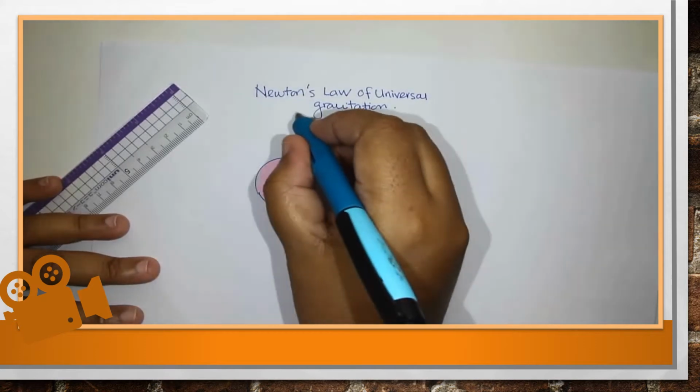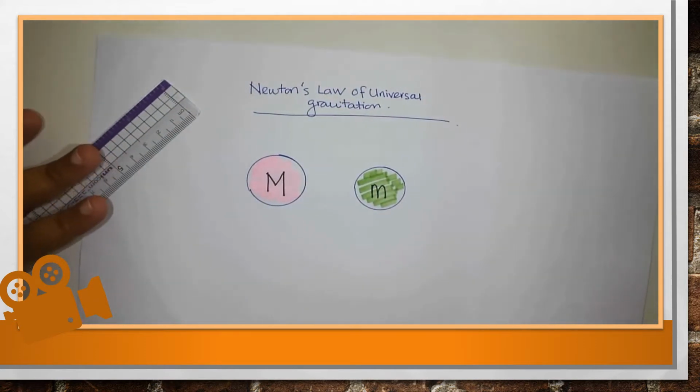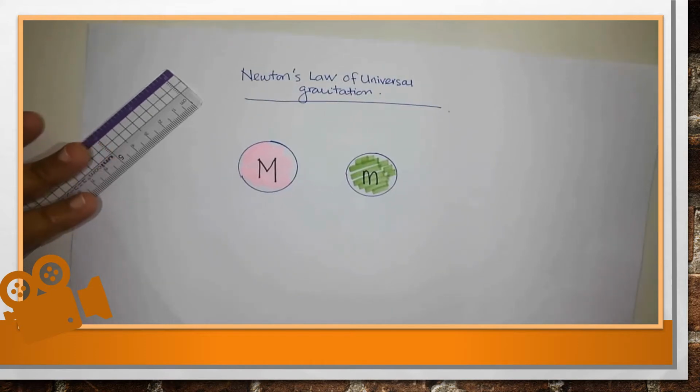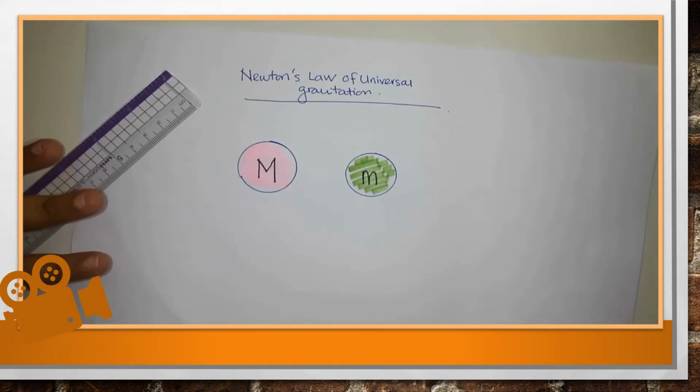Newton's law of universal gravitation states that, when Newton was stating this law, he was stating that every particle in the universe attracts every other particle with a force. So he said that the gravitational force is a force of attraction between two particles.